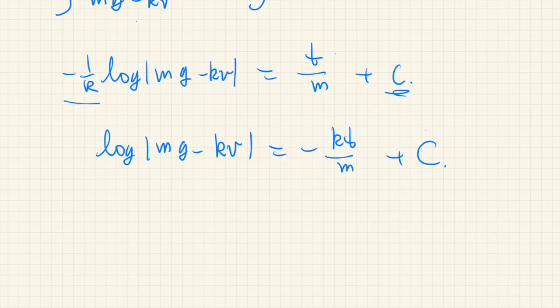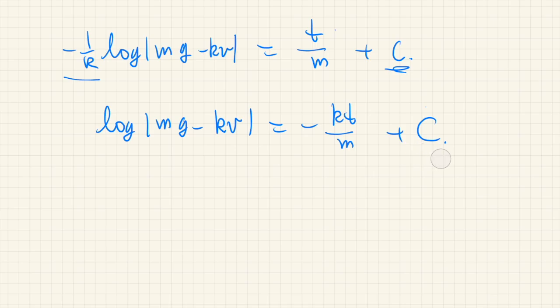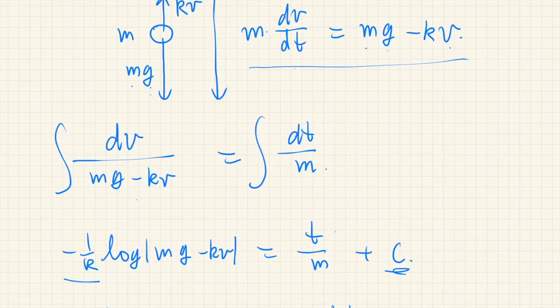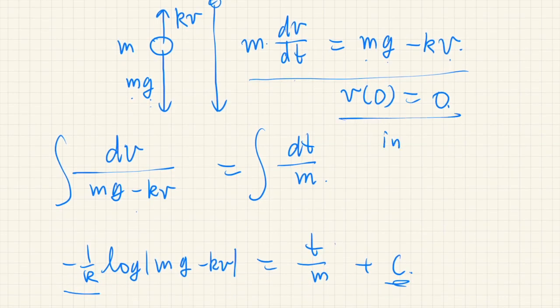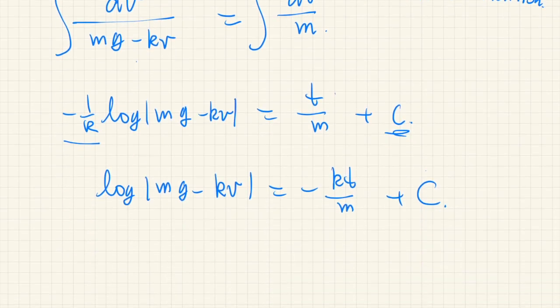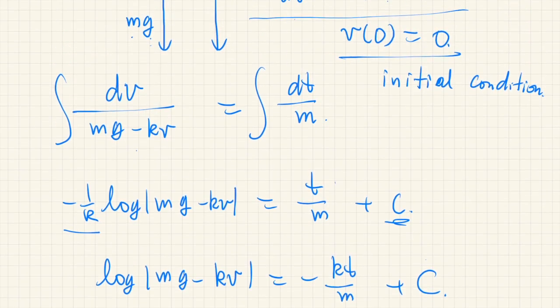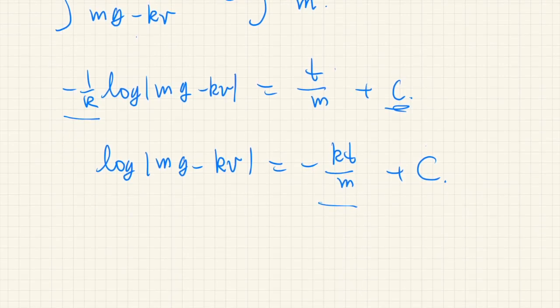So okay, so this is it, and this constant c can be determined from the initial condition. Let's say the initial condition is that the velocity at time 0 is 0, so it was just sitting still before it falls. So this is called the initial condition. So if we put t equal to 0, then this is 0, and at that point velocity is 0, so this is 0.